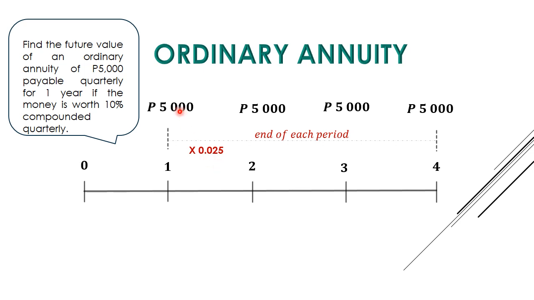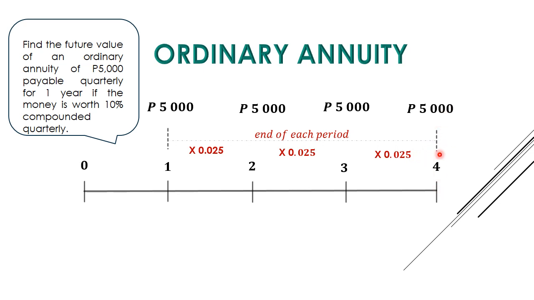So that is times 0.025 for the first payment. For the second period, we also multiply with the interest, 0.025, and for the third period, that is times 0.025.